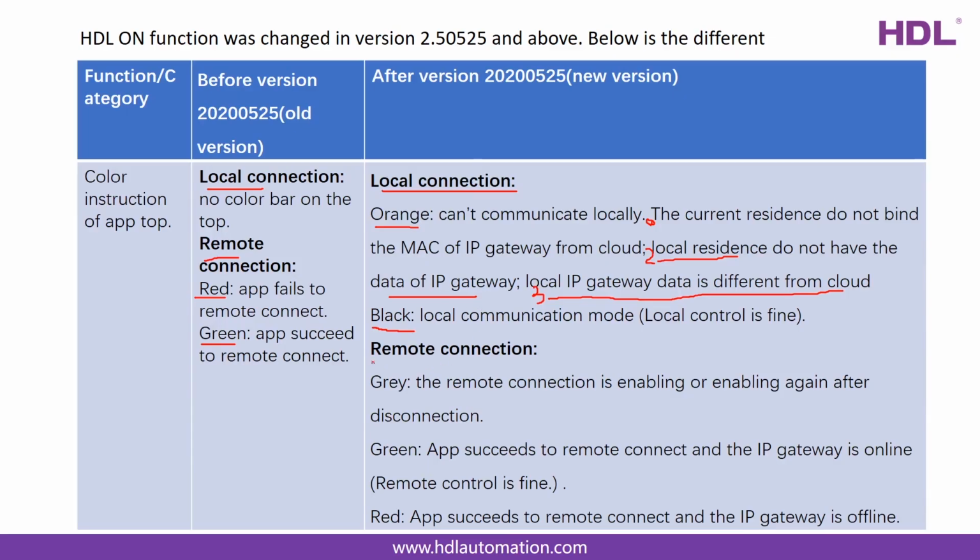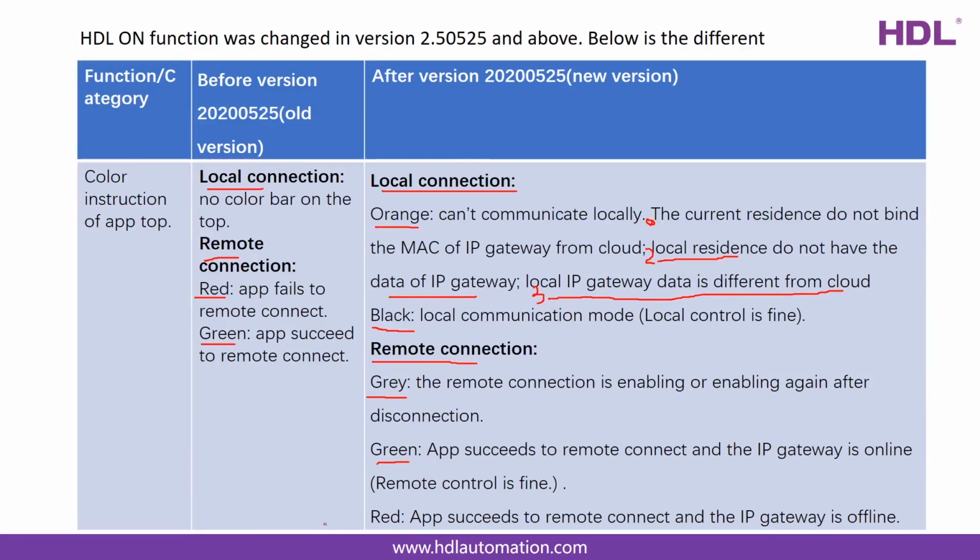For the remote connection, if it shows green, that means the remote connection is enabled again after disconnection. If it shows a green bar on the top, that means the app succeeded in remote connecting and the gateway is online. That means you can use the remote control.